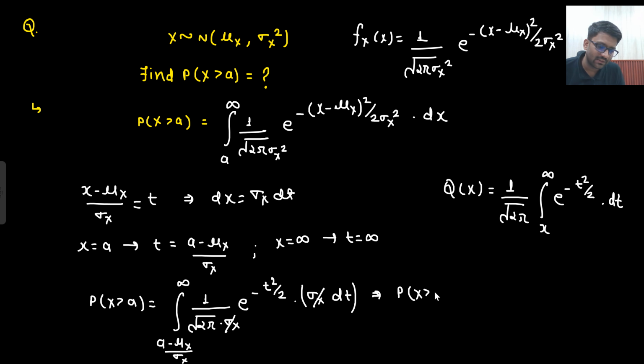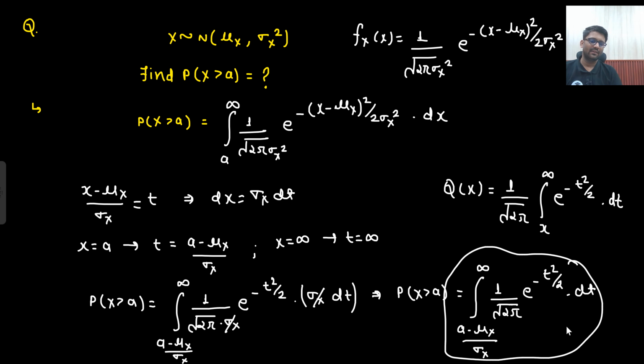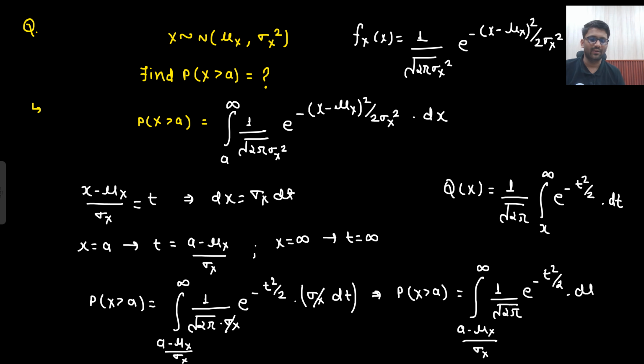Probability of x greater than a is coming out to be the integral from a minus mu x divided by sigma x to infinity of 1 by under root 2 pi e to the power minus t square by 2 dt. This thing and this thing, are you able to relate? Yes, you are able to relate.